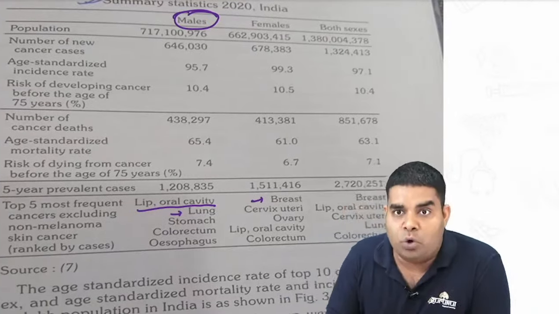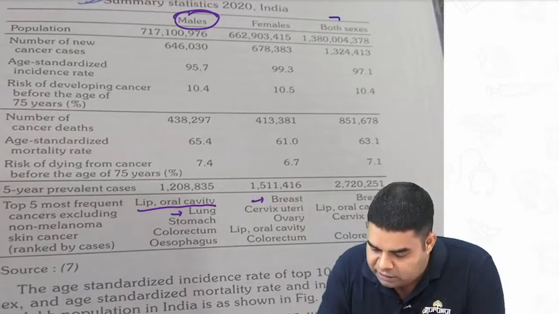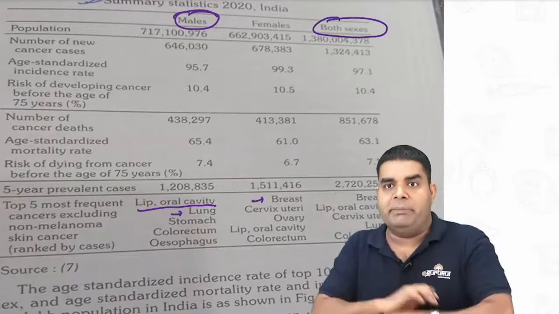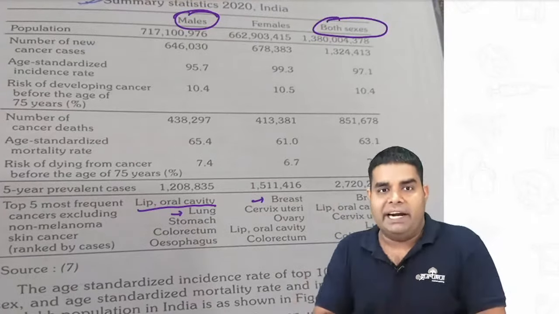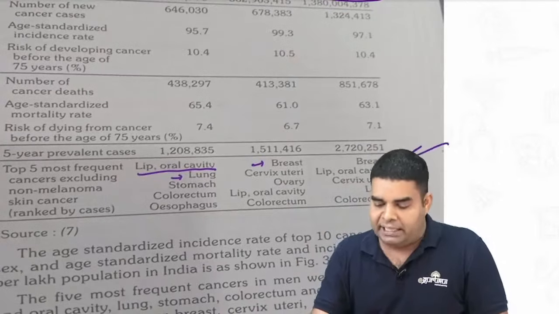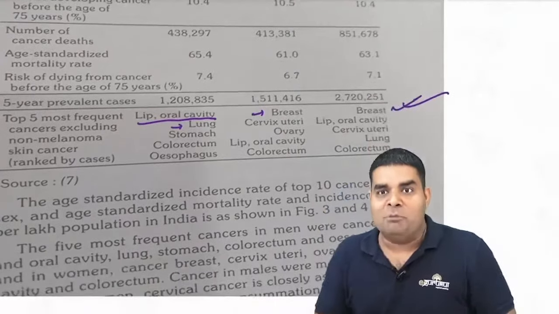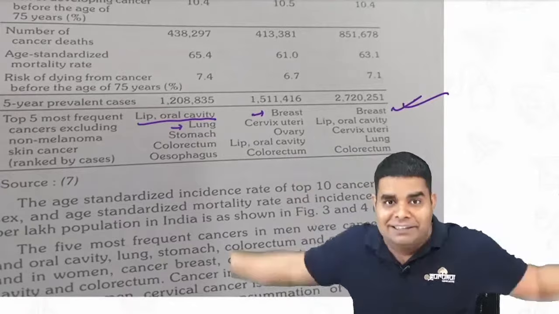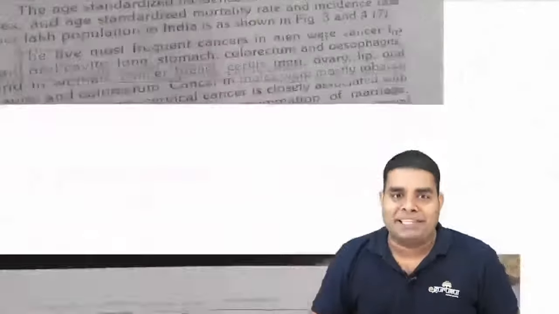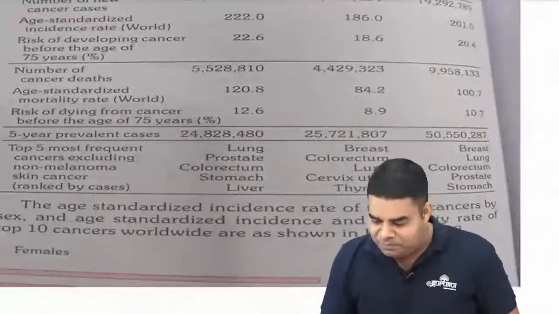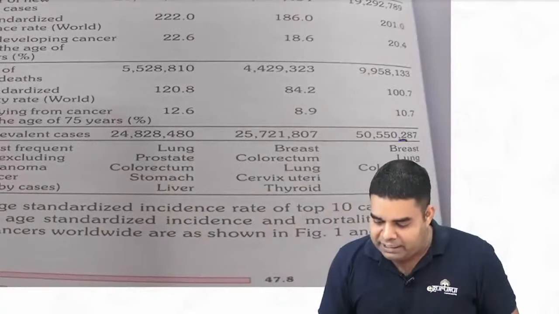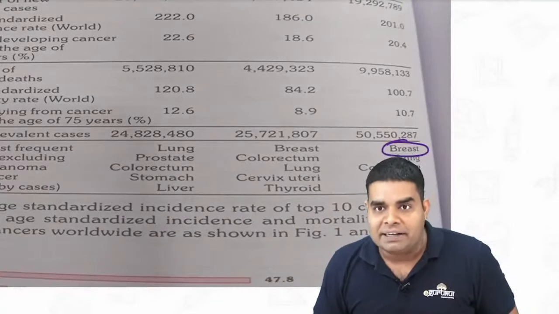But now let's look all over India. If they ask both sexes, not male or female, they ask most common cancer in India, answer will be breast cancer. And if they ask most common cancer in the world, again the answer is breast cancer. Let's see the world data now. See, most common cancer in the world is also breast cancer.